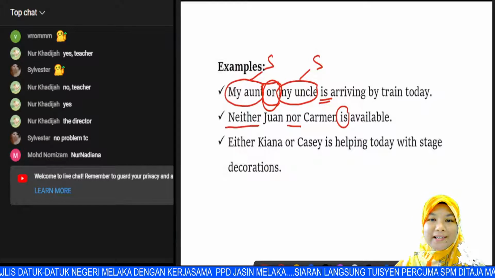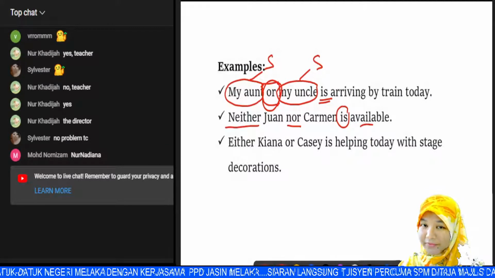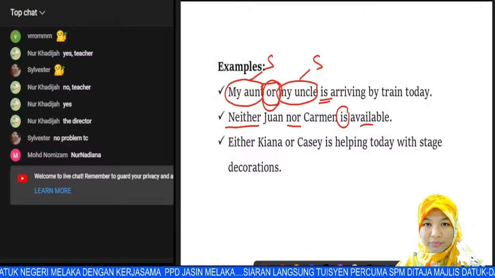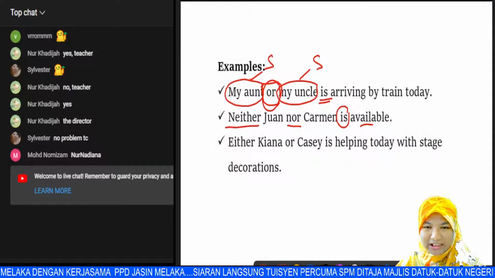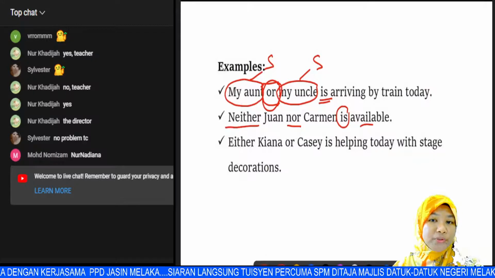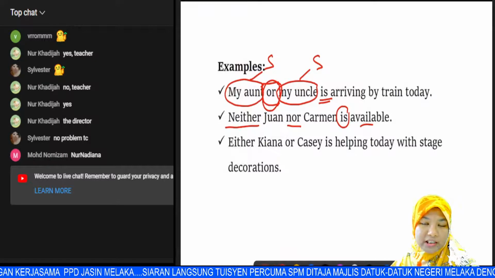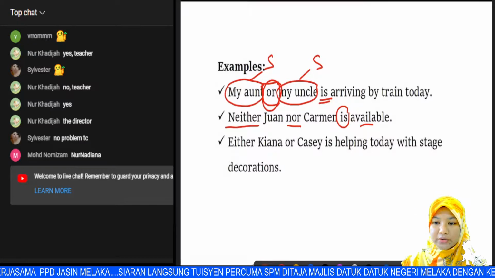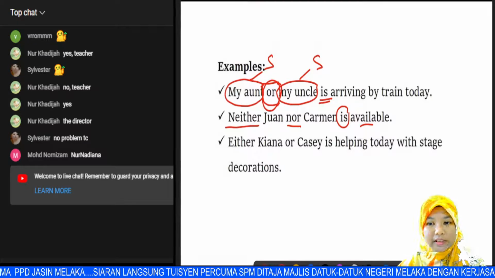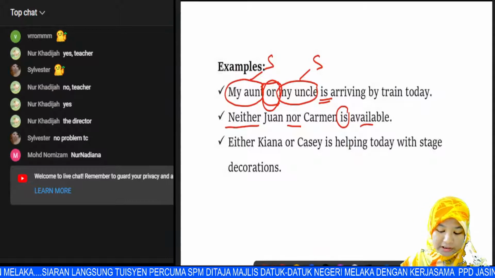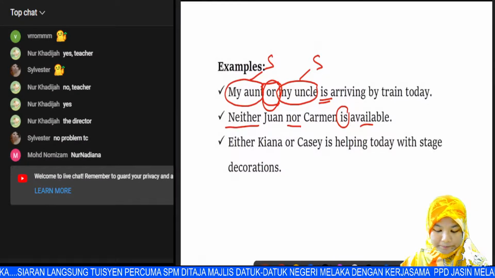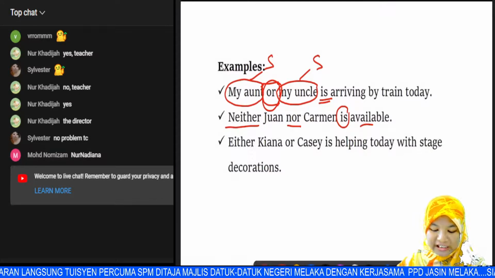So no one is available. When no one is available, there is no pronoun, so we cannot count. When something is uncountable, we use singular. We consider it as a singular subject. So a singular subject takes a singular verb. Sorry.